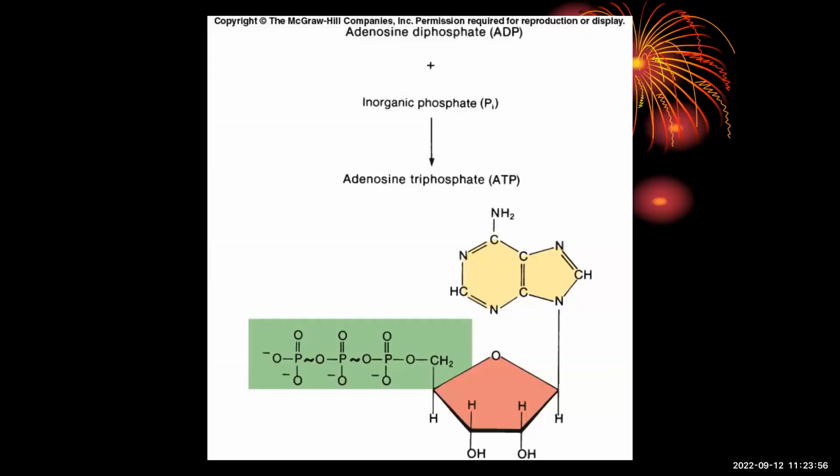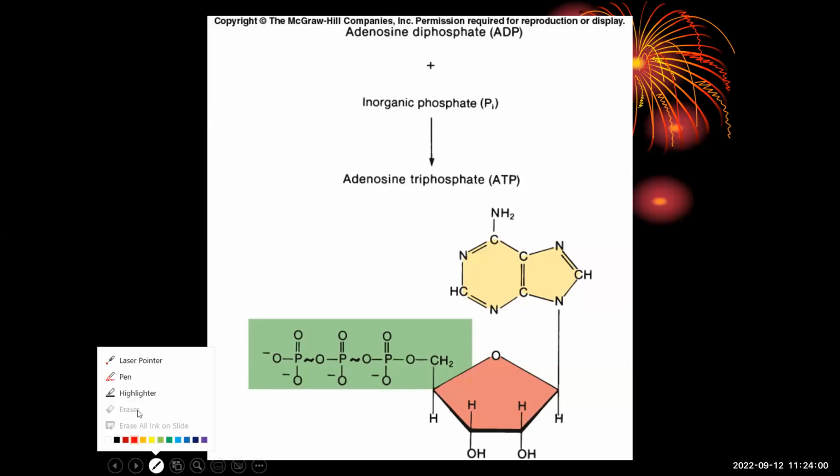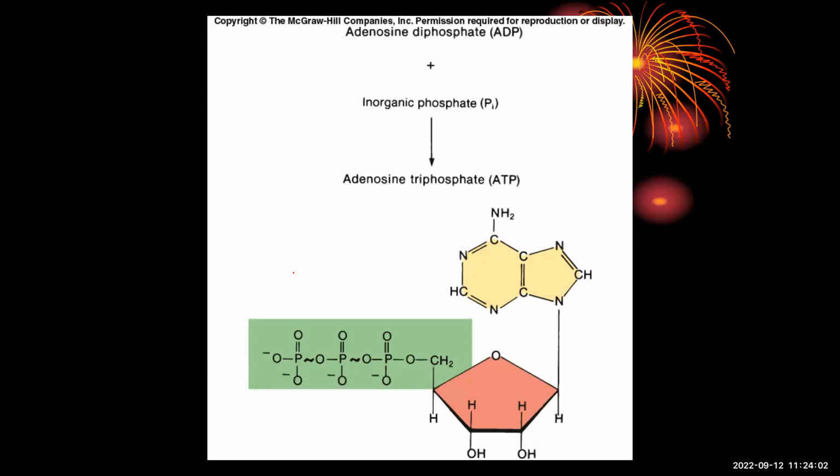So here is ATP. We'll use our pen function here. Look at this bond right here. That's called a phosphoanhydride bond.